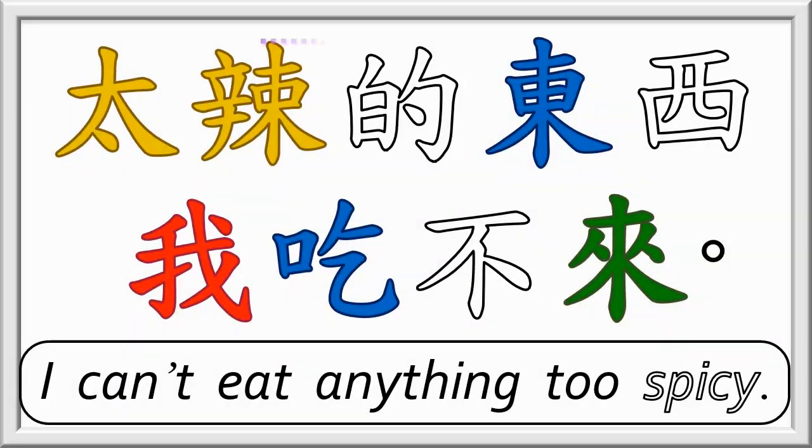The phonetic element would appear to be shu, but it's actually la minus the knife. Phonetic elements are often reduced when in composition, and hot and spicy la is an example. Notice, too, that the position of the elements are reversed in modern Chinese. 太辣的东西我吃不来. I can't eat anything too spicy.